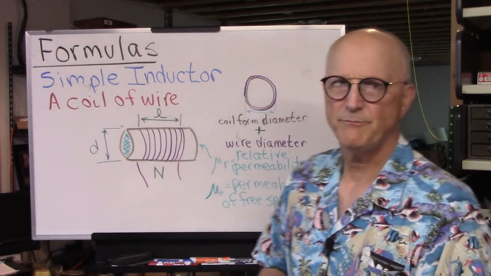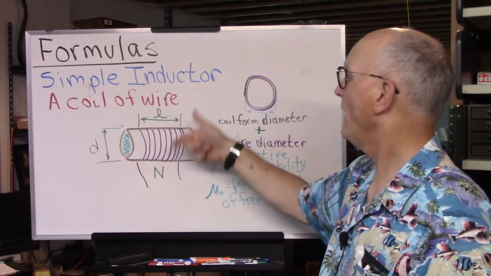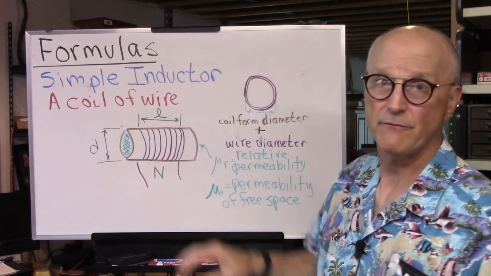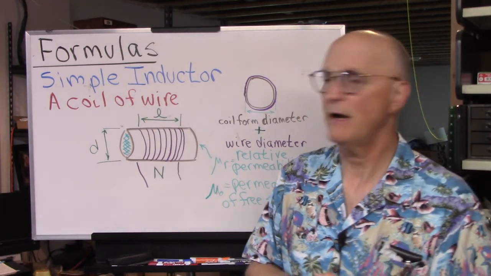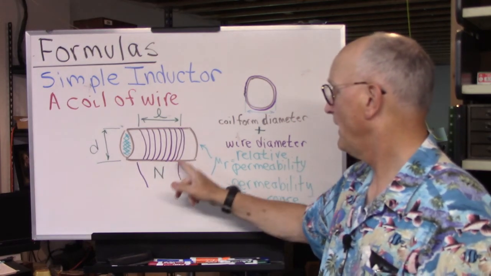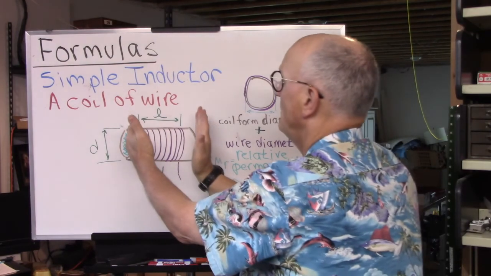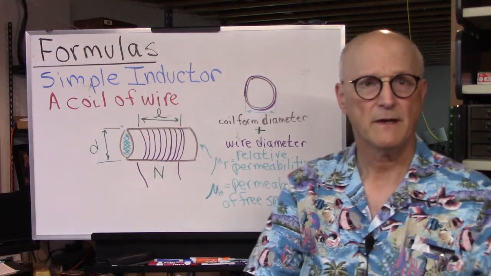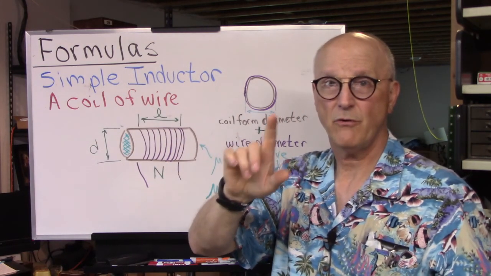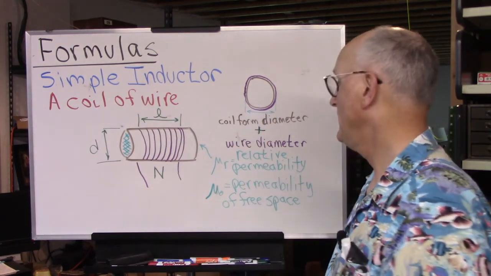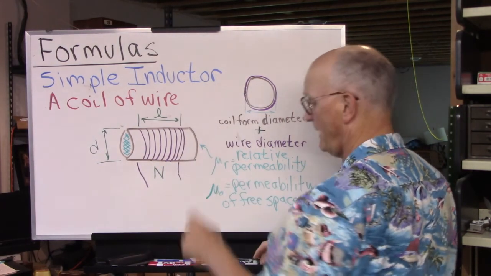Now, with a simple inductor, which is just a coil of wire wrapped around some kind of a form, the amount of inductance is determined by the number of turns on this particular coil, the overall length of the coil, the diameter of the coil. And now I need to make an important note about diameter, because we are not just talking about the diameter of the form that it's on.